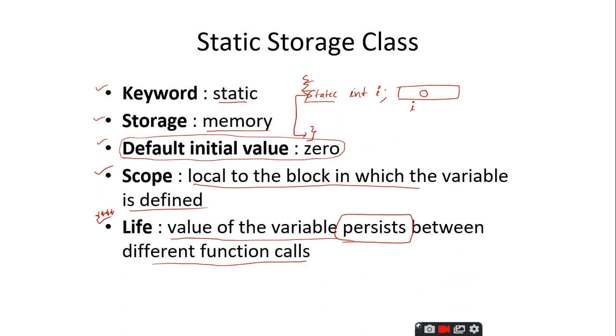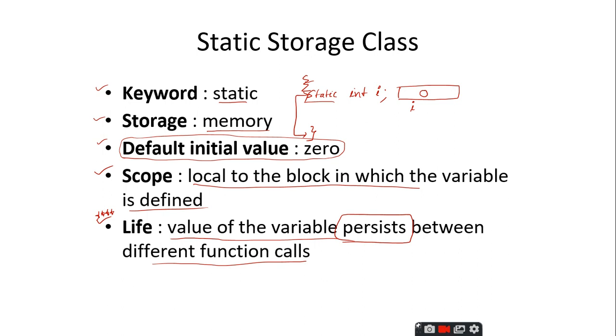Remember that register variables are used to have faster execution of the program. And 2 important points regarding the register, please keep in mind that the registers have limited memory, so don't try to push everything into the registers. Variables that are frequently accessed can be put into the registers to have faster execution of the program. And the third storage class is static, which is defined with the keyword static.